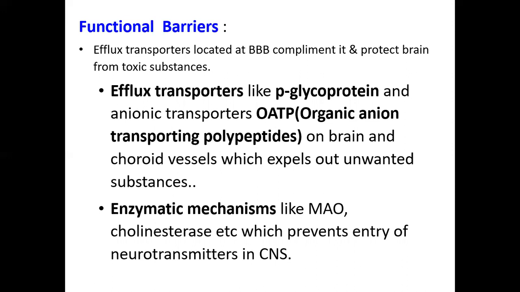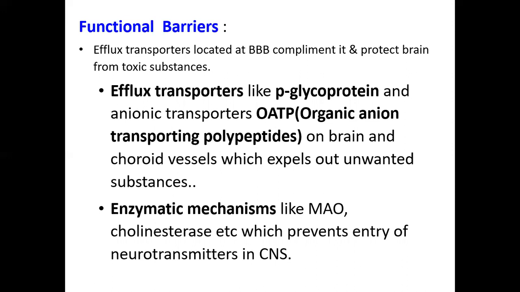Efflux transporters like P-glycoprotein and anionic transporters, OATP, or organic anionic transporting polypeptides, on brain and choroid vessels expel unwanted substances.